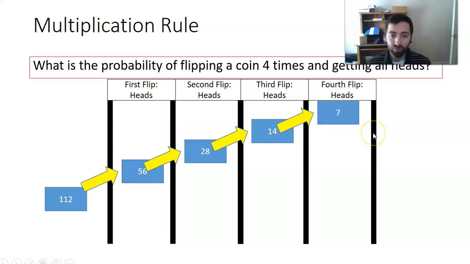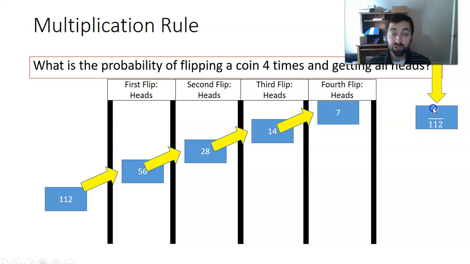And so what's the probability of flipping heads on a coin 4 times in a row? This is the kind of way we've been calculating probabilities so far: how many times does it happen out of the relevant total? There were 112, and 7 out of those 112 are expected to flip heads 4 times in a row.